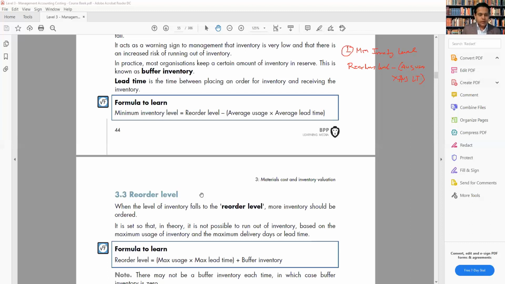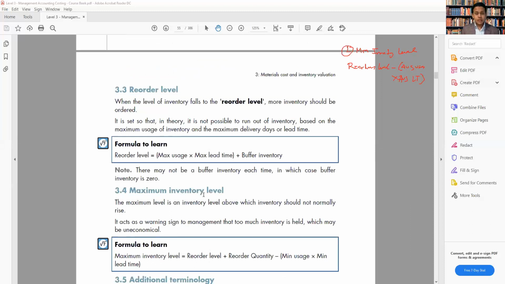So let's move on to the next one. The next one we have is reorder level. The reorder level is the level where we should reorder the raw material again. When it comes down to a certain level, we say it is time to reorder the material now. When the level of inventory falls to the reorder level, more inventory should be ordered.